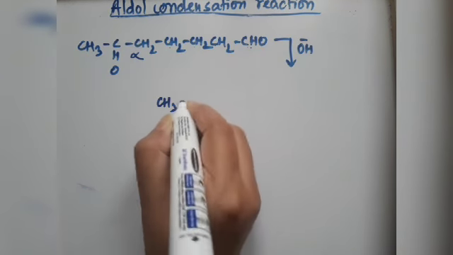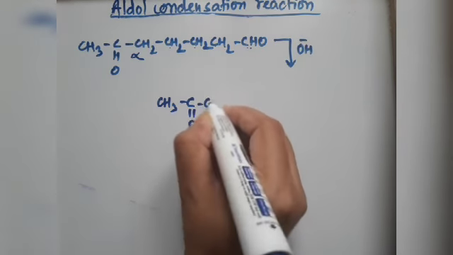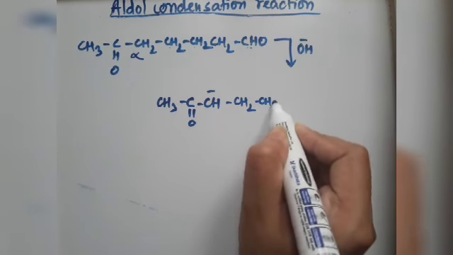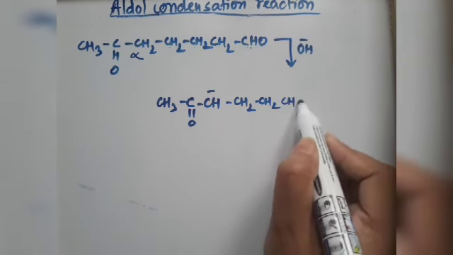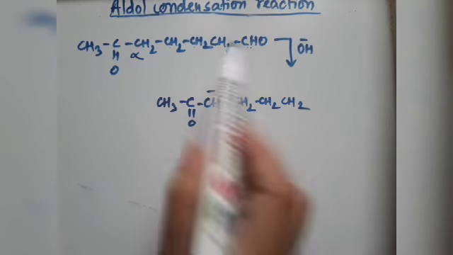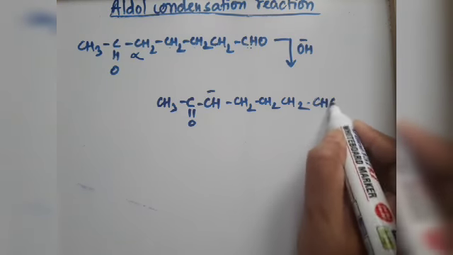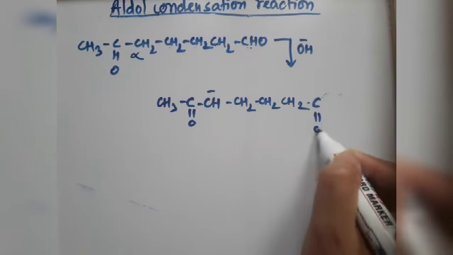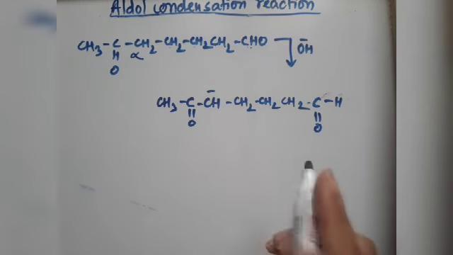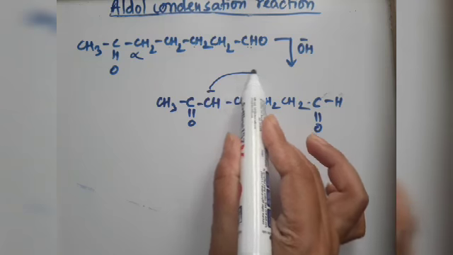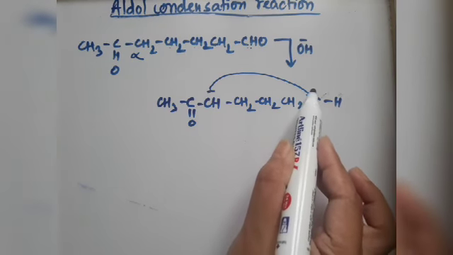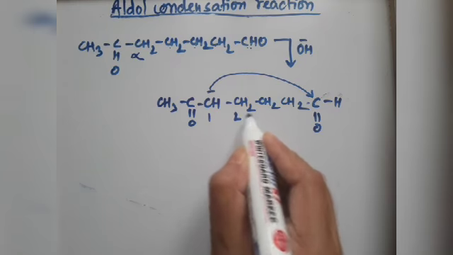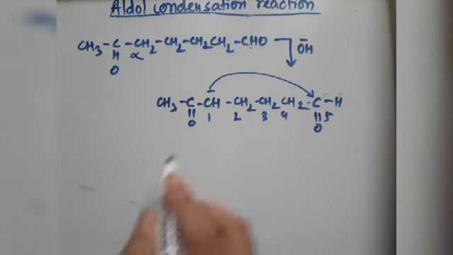So the carbanion will be this one, CH2, CH2, CH2, CHO. Or you can write it like C=OH. This one will attack this positively polarized carbon atom, and this is number 1, 2, 3, 4, 5.